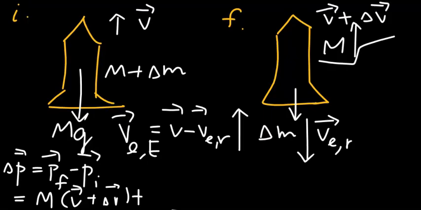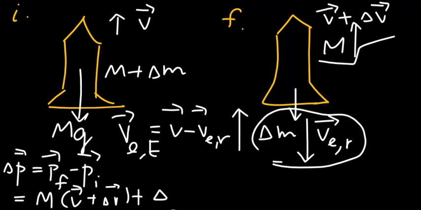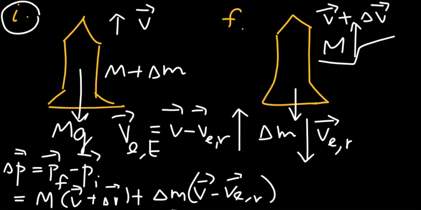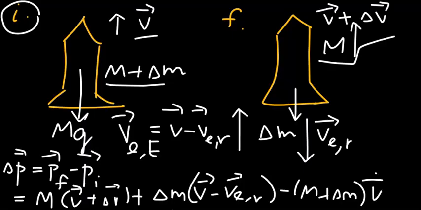In addition to that, we also have the momentum contribution due to that exhaust gas, which is delta m times v minus v_er. That is the velocity of the exhaust gas relative to us. What about the initial linear momentum? The mass of the system is M plus delta little m, and the velocity is v.